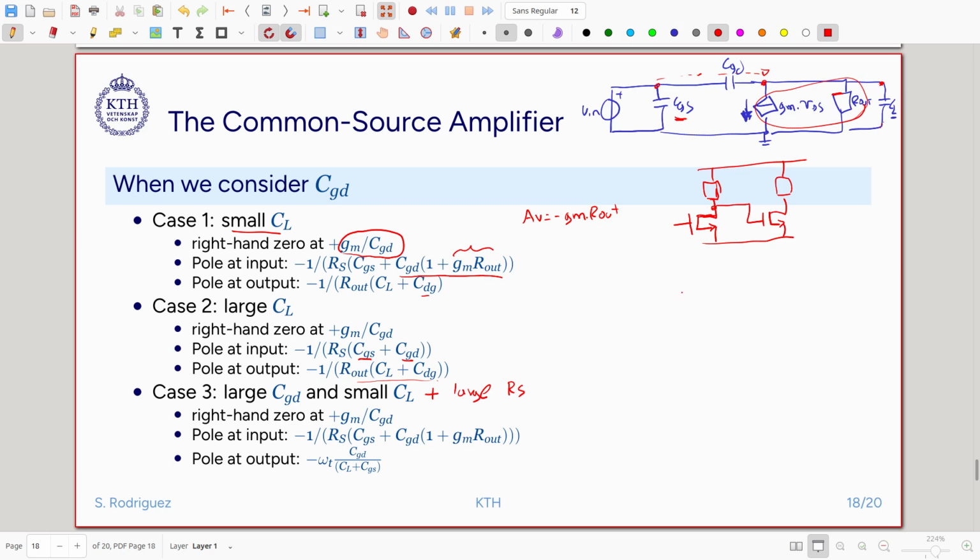So if we model this again, a better and more applicable model will look like this: RS in parallel to CGS, CGD, and then we have GM times VGS, and then we have RL in parallel to the capacitor CL here.